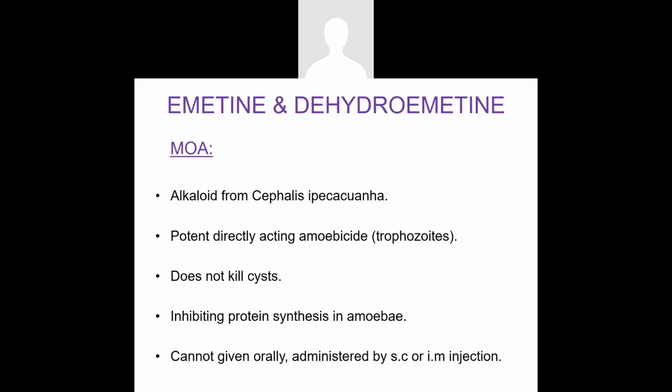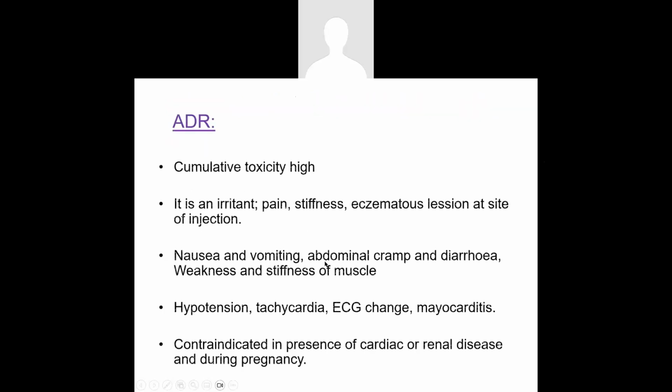بالنسبة للإميتين ودايهيدرو أميتين هي alkaloid من ipecac، potent direct acting amoebicide on the trophozoite, does not kill the cyst, inhibits protein synthesis, cannot be given orally.